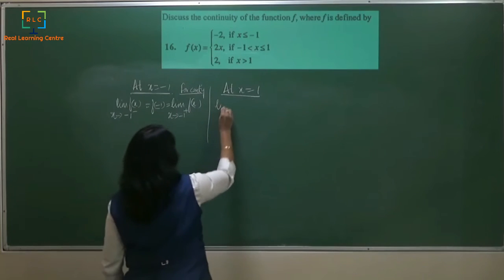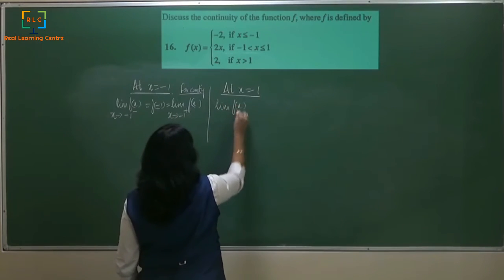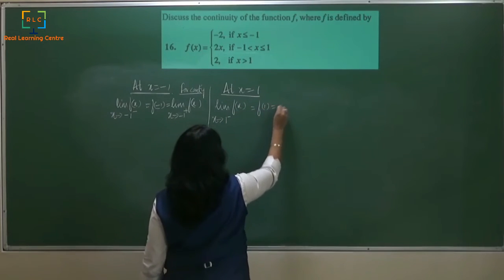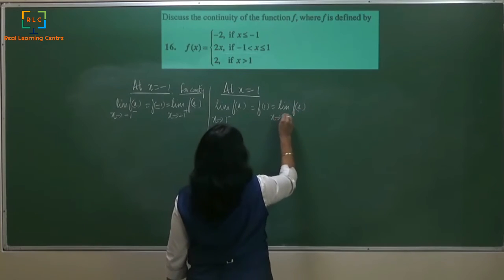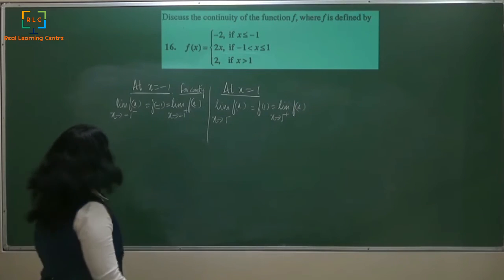Similarly, here I shall write limit of f of x as x tends to 1 minus is equal to f of 1 is equal to limit of f of x as x tends to 1 plus.